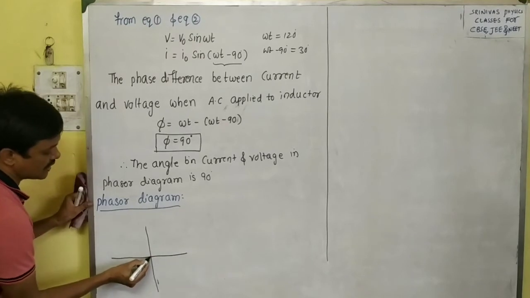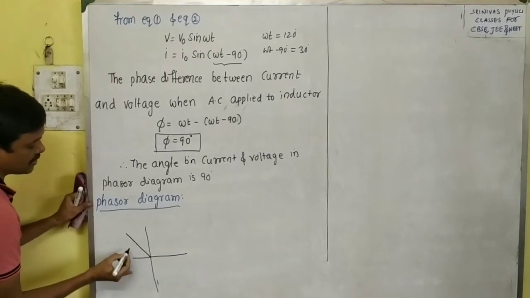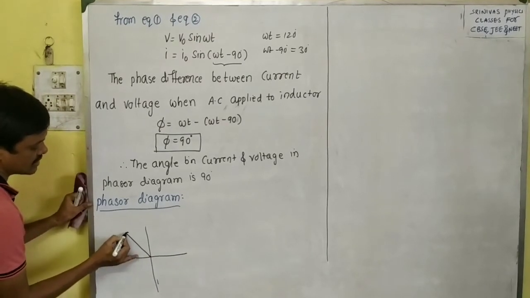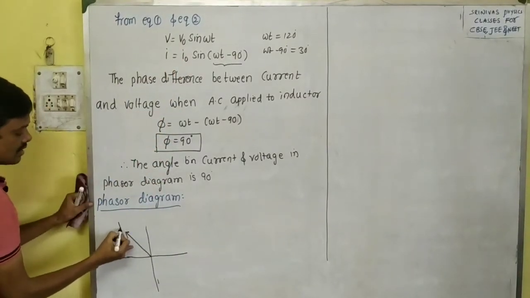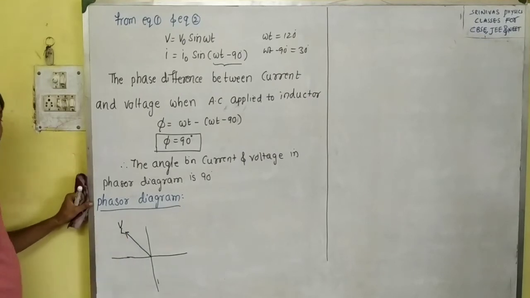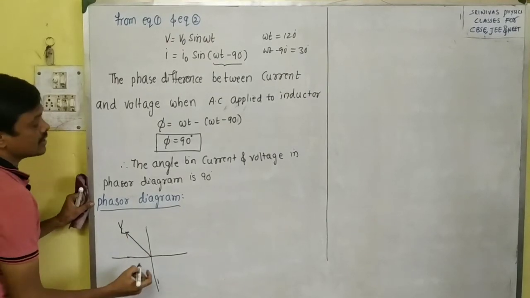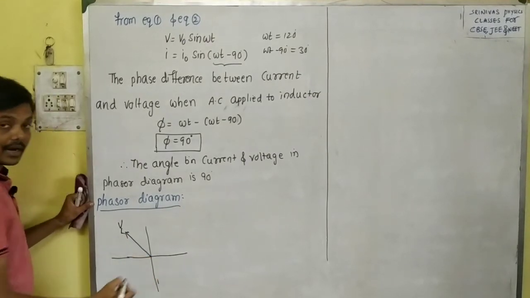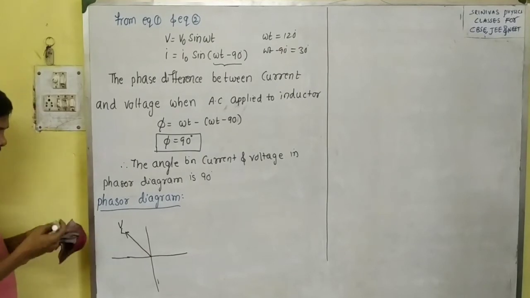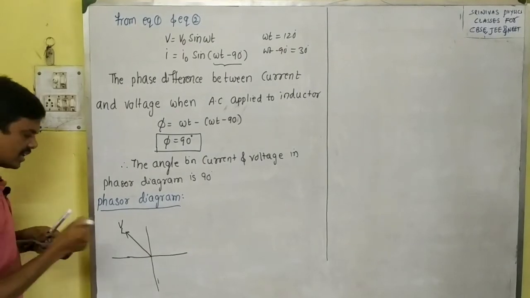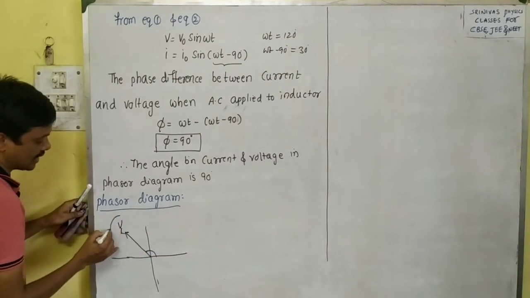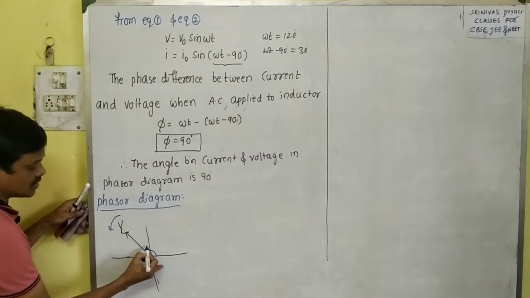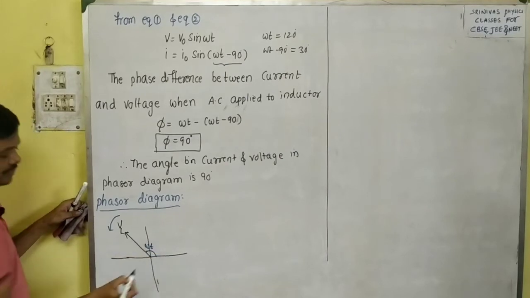For example, the voltage across the inductance, VL, is this side. This total angle we can take as omega t. From here to here it is rotating anti-clockwise. This total angle is omega t.